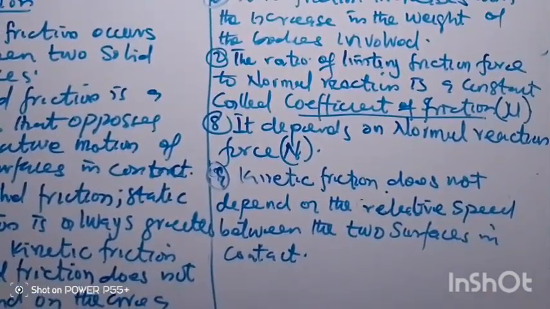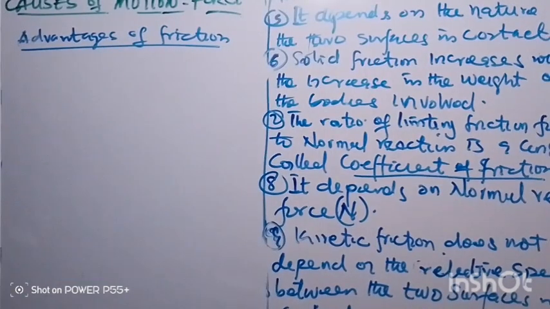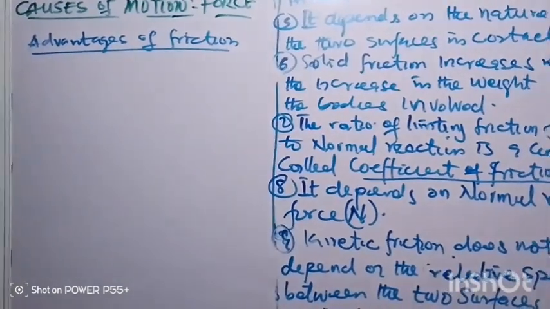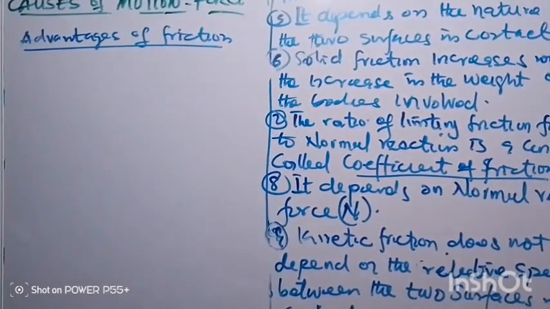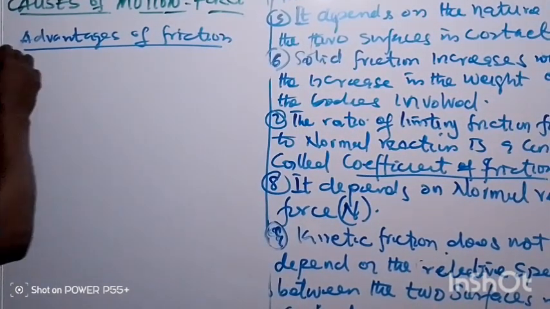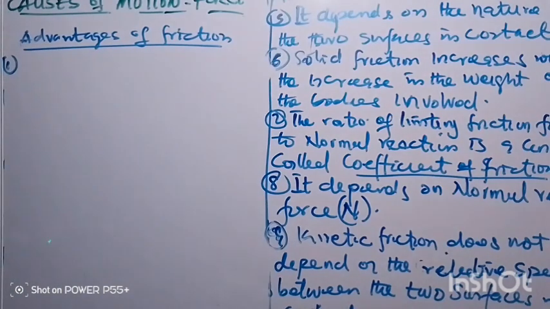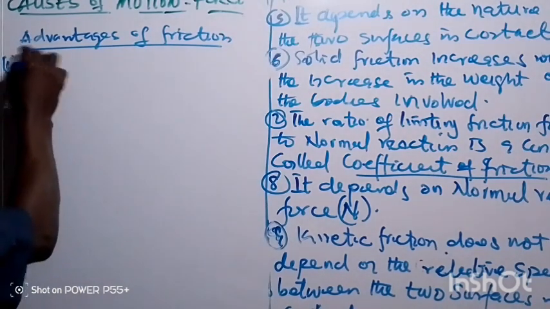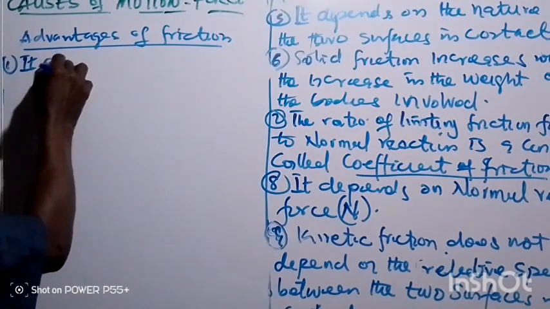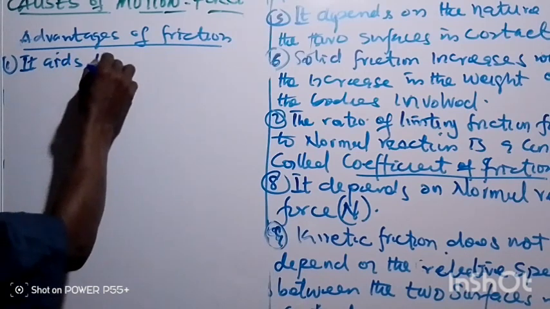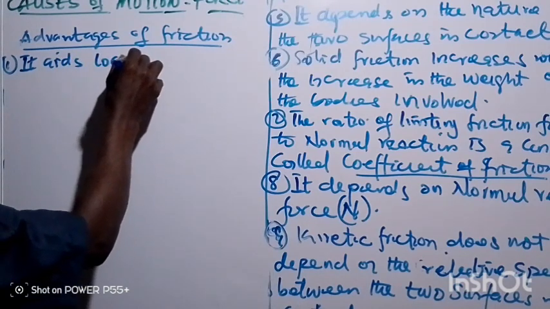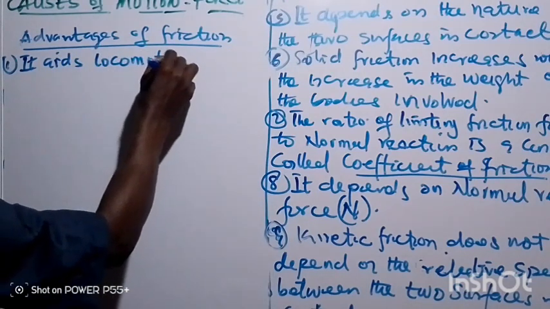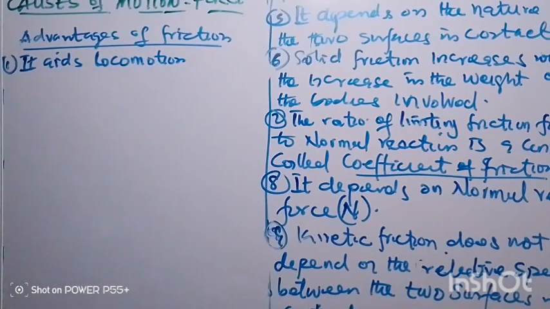The next we are going to look at under friction is advantages of friction. The number 1 we are going to look at is that friction aids locomotion. In another word, it aids movement. It makes walking possible.